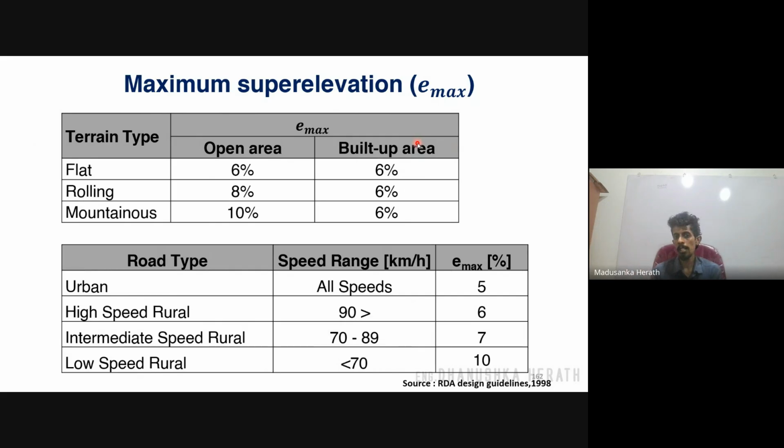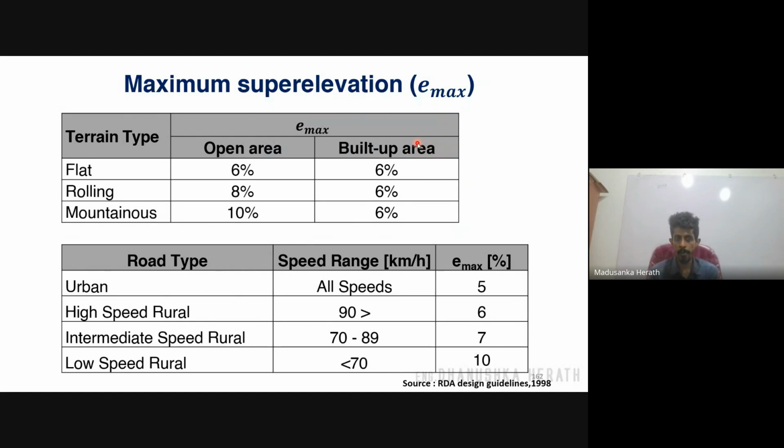If it is an open rolling terrain, for an open area we can go for 8%, for a built up area we can go for 6%. Then for a mountainous terrain, for an open area we can go for 10%, and for a built up area we can go for 6%. So that is the maximum super elevation.